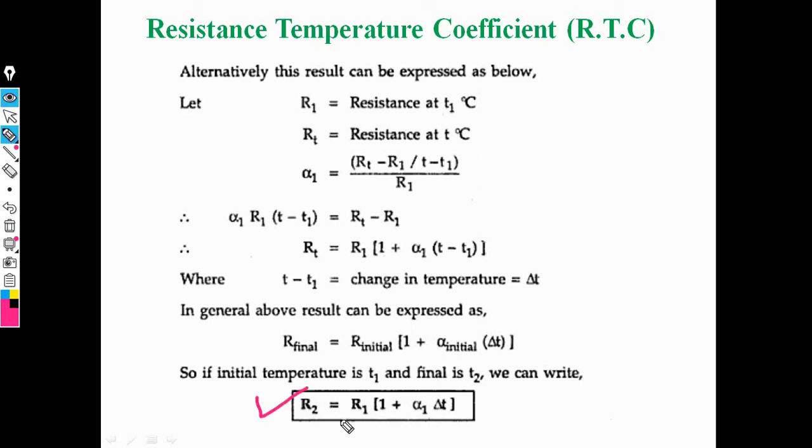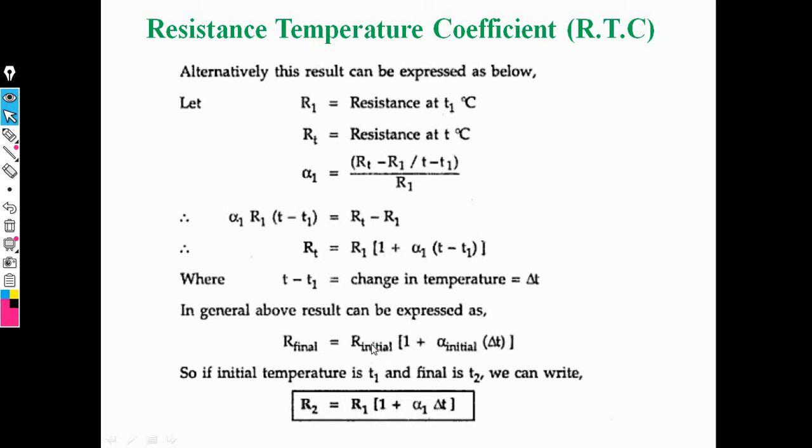R2 is equal to R1 into bracket 1 plus alpha 1 delta T. These are the important formulas for resistance at temperatures T1 and T2. This is the very important concept of change in resistance and change in temperature.